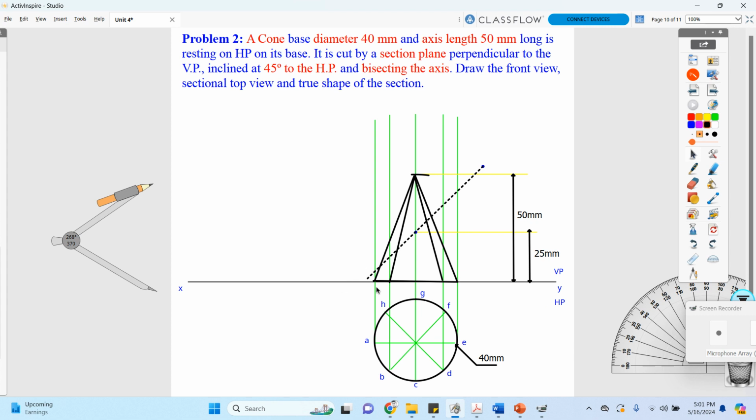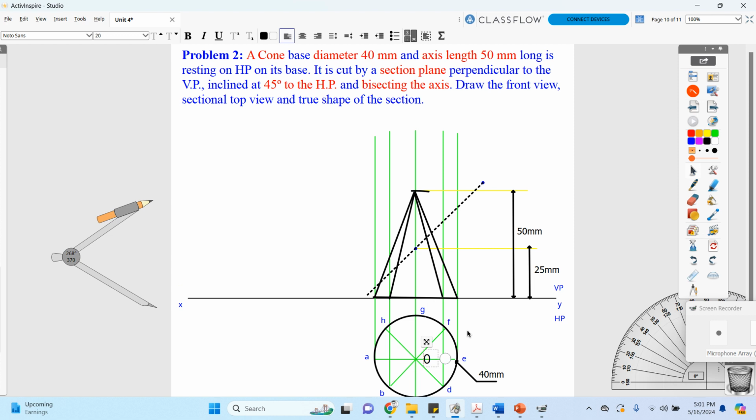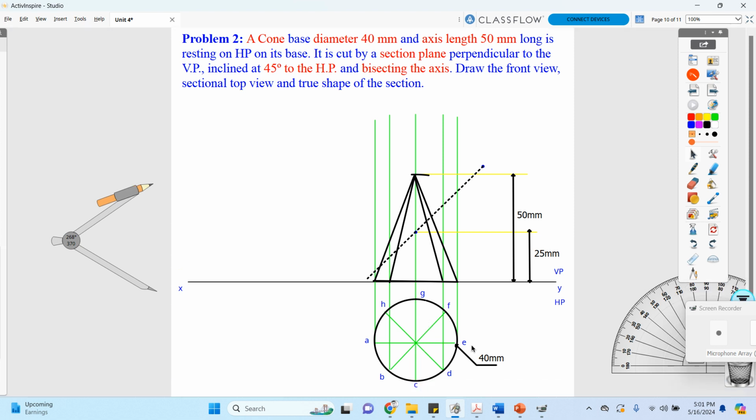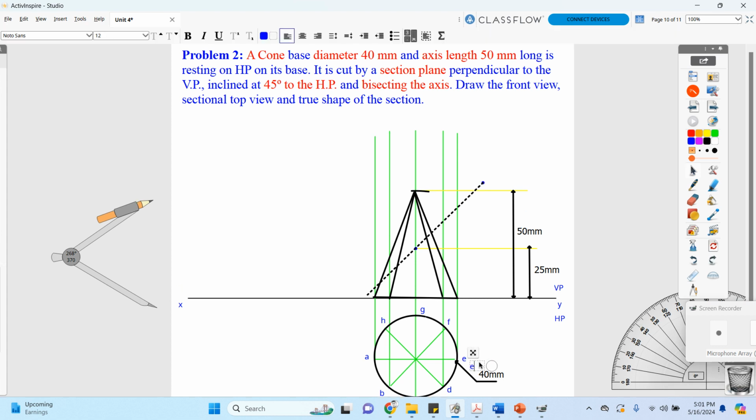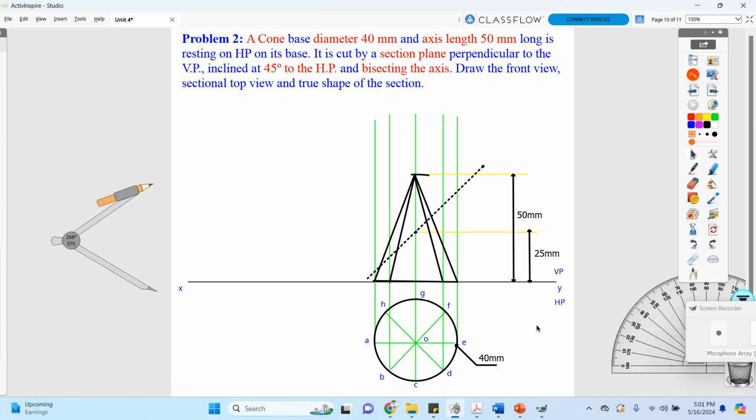Okay, now I am going to mark my positions. This point is considered to be O. Now we want to mark our base points.